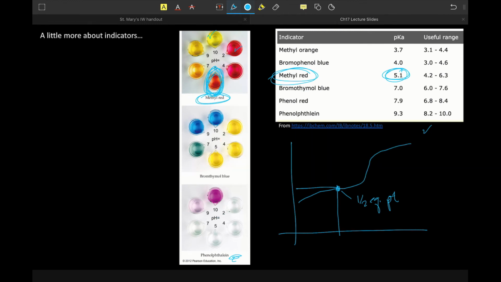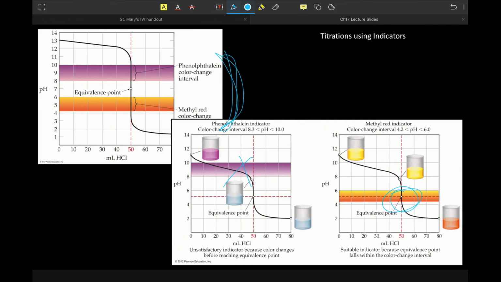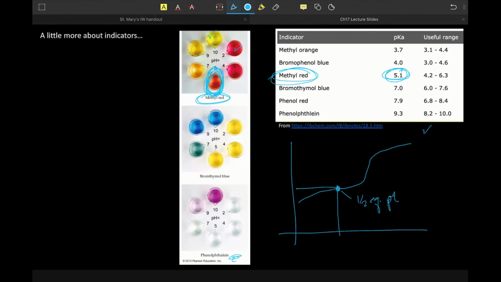But the half equivalence point of methyl red needs to overlap with the equivalence point of the titration we're doing. Does that make sense? We are taking advantage of the fact that indicators are acids to use them in something else, to give us information about another acid, which is why it's so very cool how it all layers on top of each other.